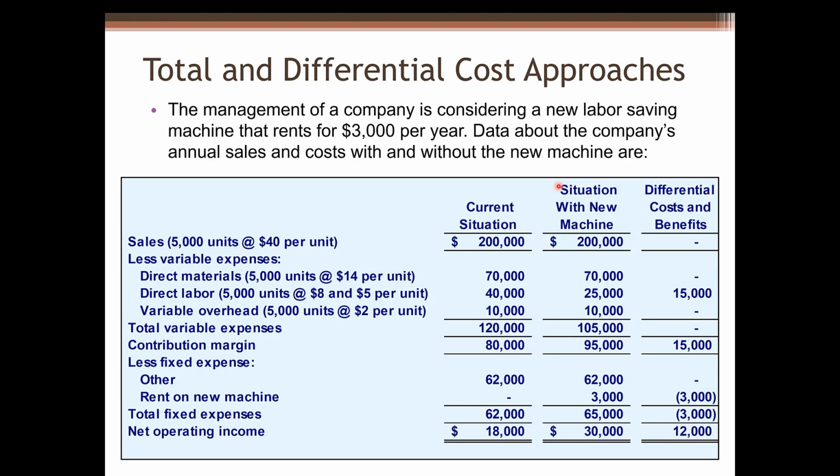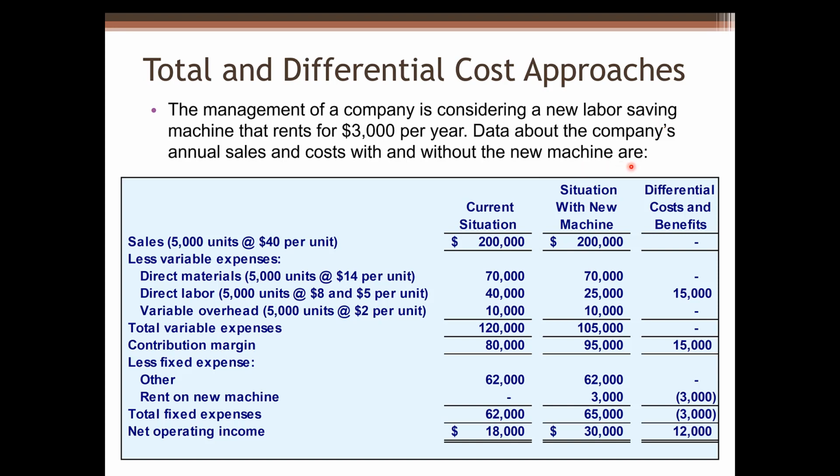Let's take a look at another example, and we will analyze it using total and differential cost approaches. The management of a company is considering a new labor-saving machine, which rents for $3,000 per year.